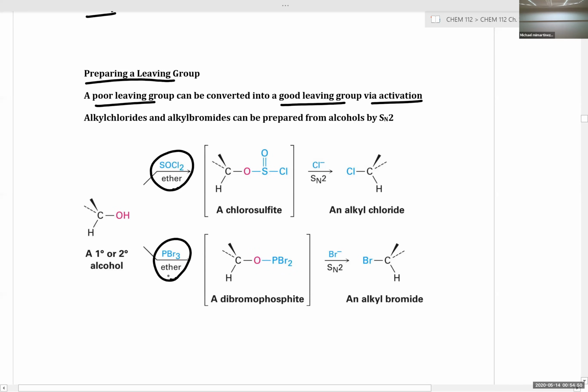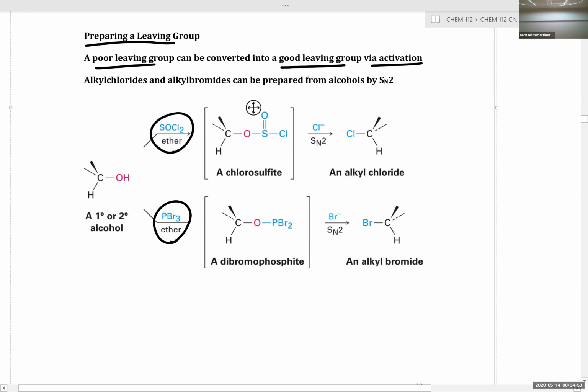In these methods, we take our primary or secondary alcohol and activate it by generating a chlorosulfite or a dibromo phosphite. And then once our leaving group is activated, our nucleophile can attack and displace our leaving group.